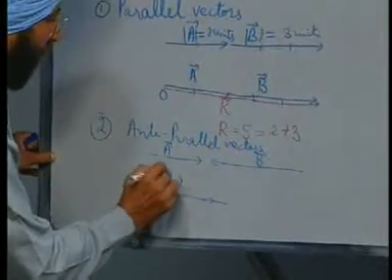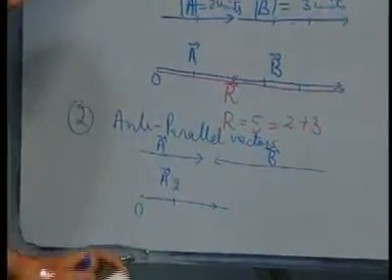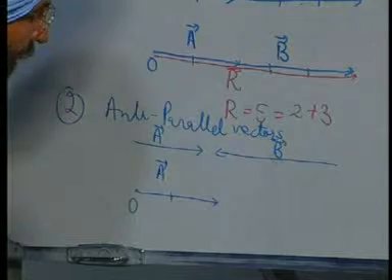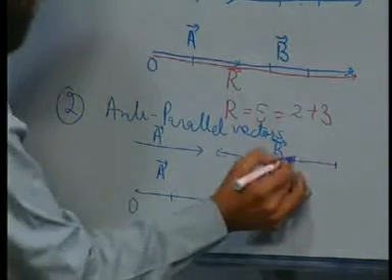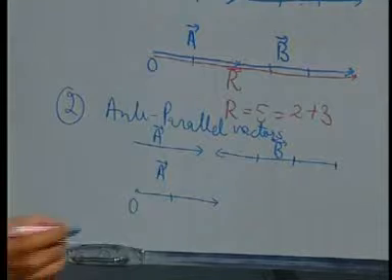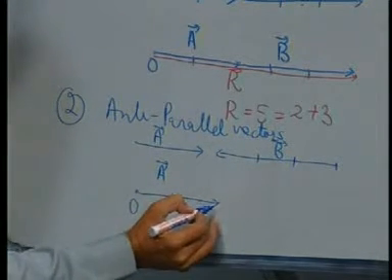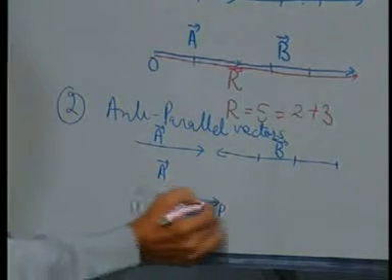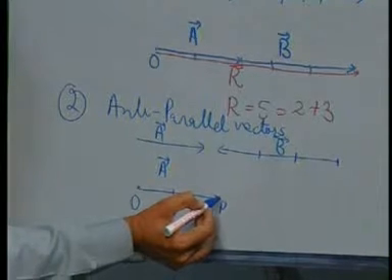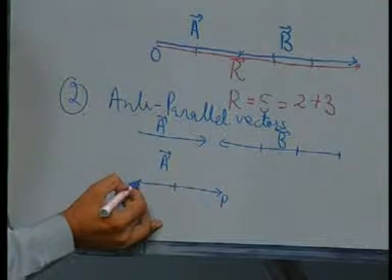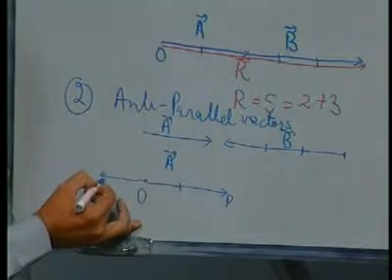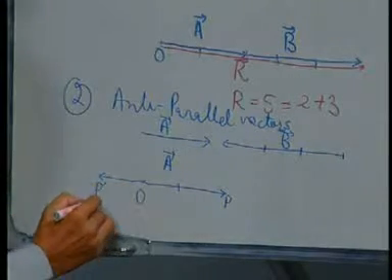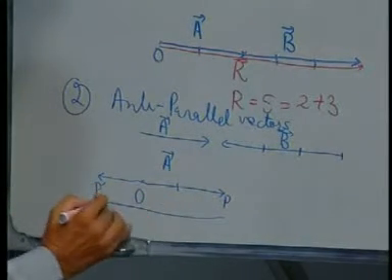This line with its arrow will represent A vector. Now, when we are to add B to it, B is 3 units. We place the tail of B at point P, the head of A vector, and move 3 units in the direction of B. So, from P to P dash, this is B vector.